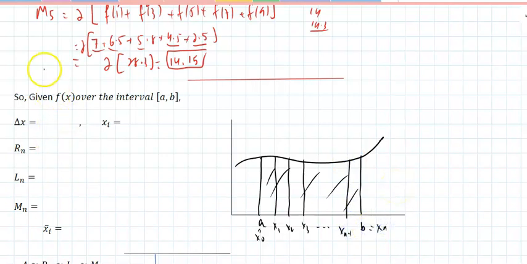So delta x is always end minus beginning divided by how many intervals you want, and that's always specified. X sub I, to find the x's, normally we say, well, it's simply I times delta x, right?